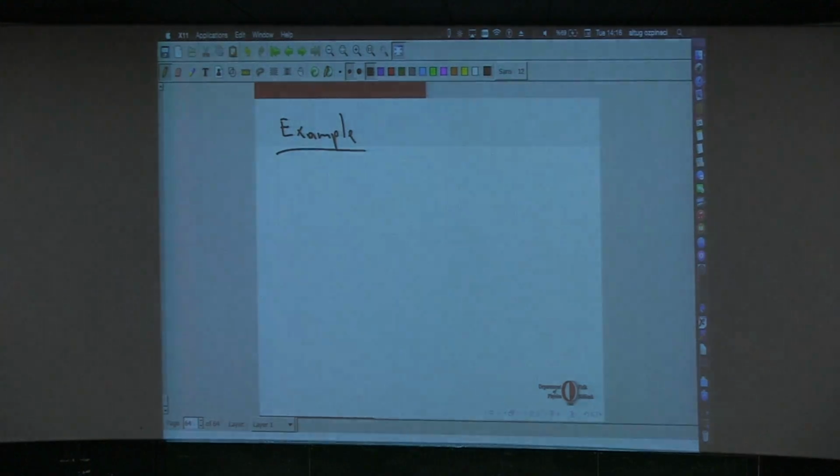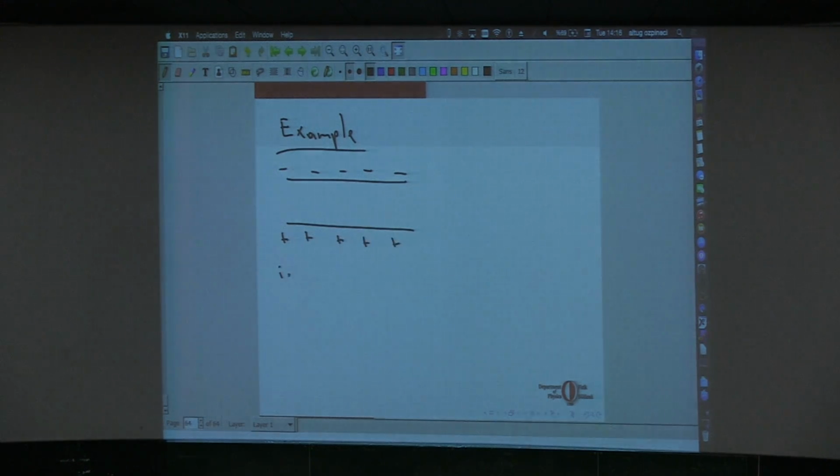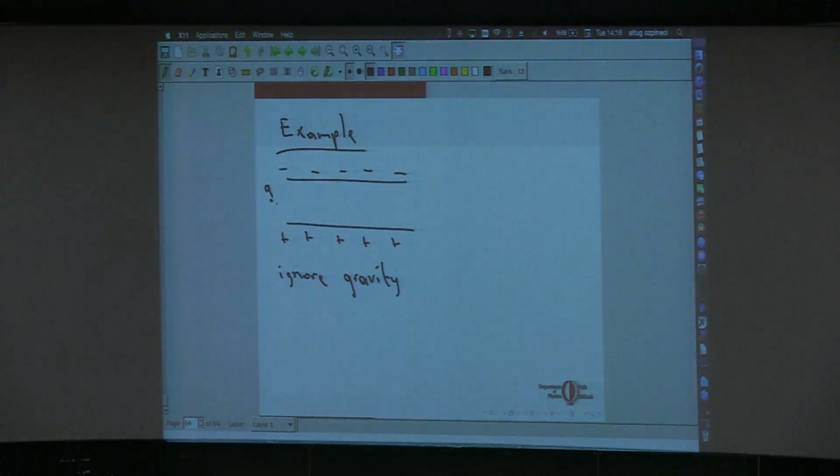Let's just imagine this time we have these two charges, two plates. Well, we can do two examples. This is negatively charged. This is positively charged. Ignore gravity. And you just send some charge Q in between these capacitors.